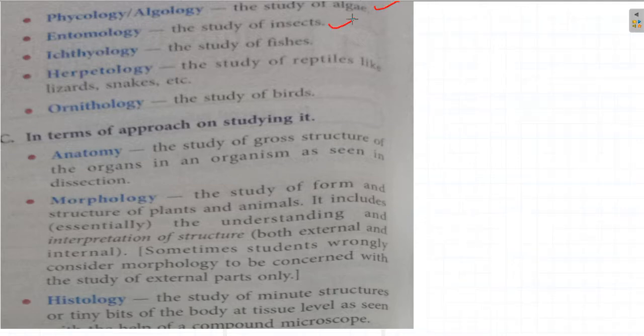Study of insects, entomology, and study of fishes is called ichthyology, and study of reptiles like lizard, snake, etc. is called herpetology, and study of birds is called ornithology, right?